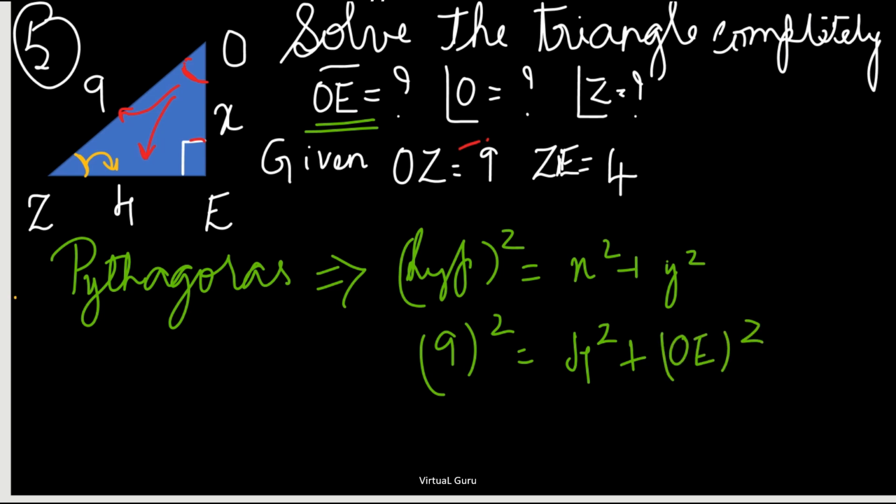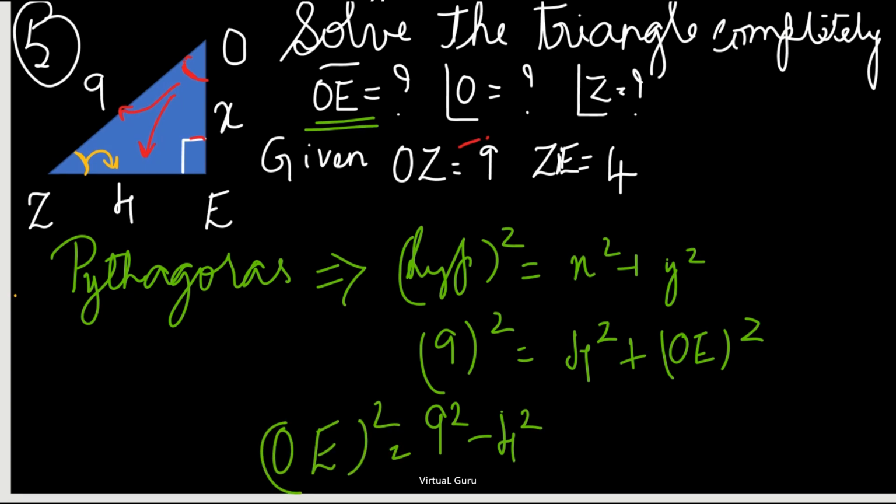Okay, so we have to find this OE. If you bring 4 square to the left hand side, it will be 9 square minus 4 square, that is equal to OE square.